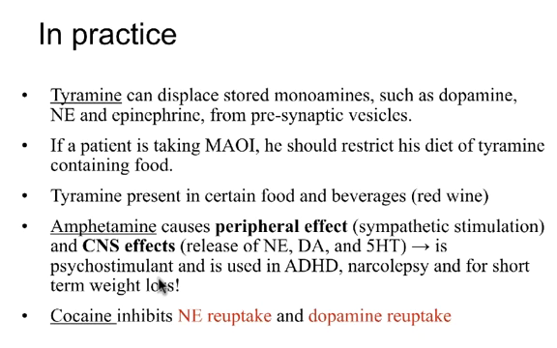We can also use amphetamine for short-term weight loss because it's going to increase your metabolism and your level of activity, and as a result, people are going to lose weight. Likewise, cocaine inhibits the reuptake of norepinephrine and dopamine. As a result, cocaine is going to increase norepinephrine in the brain and in the periphery and make the patient become very aroused and agitated.